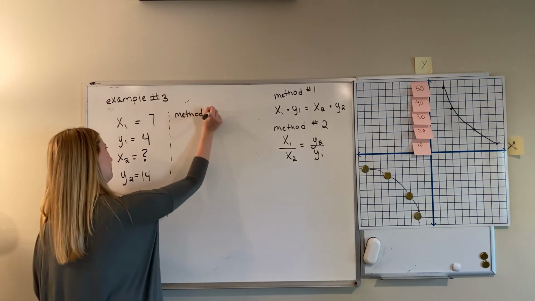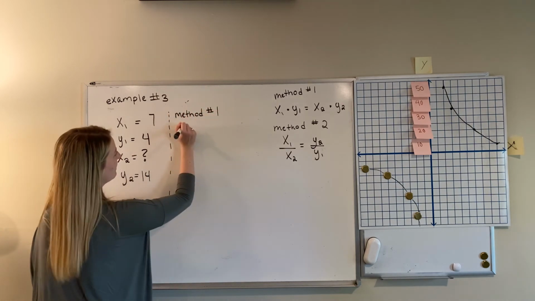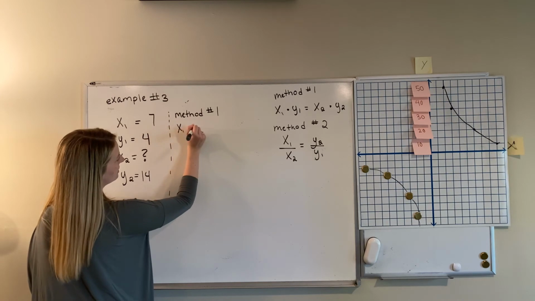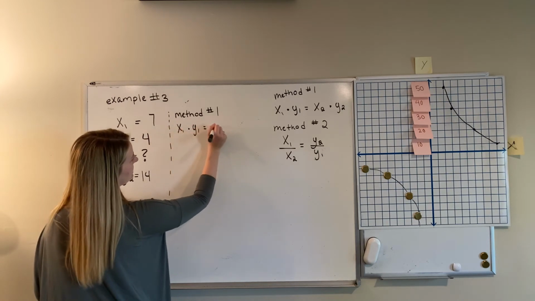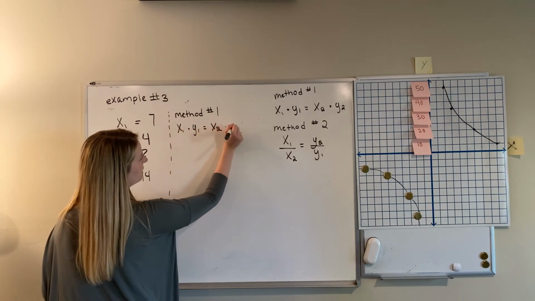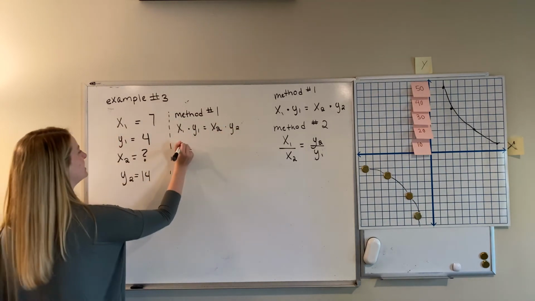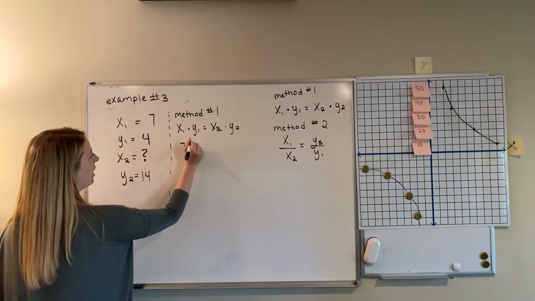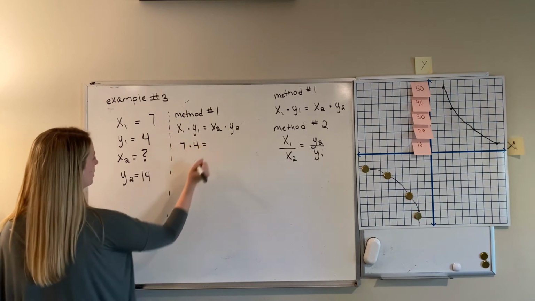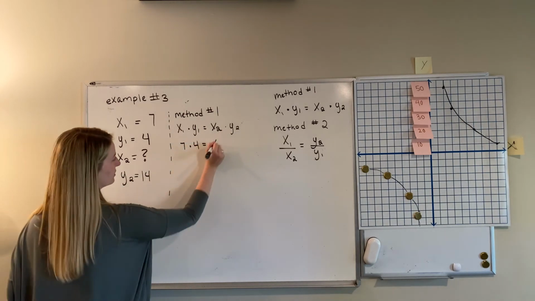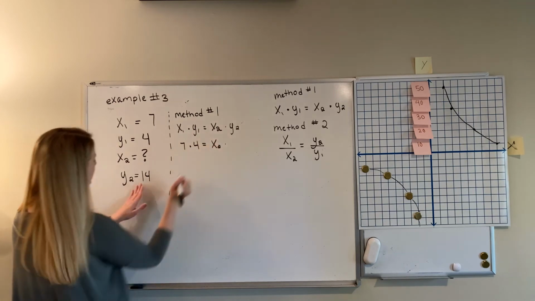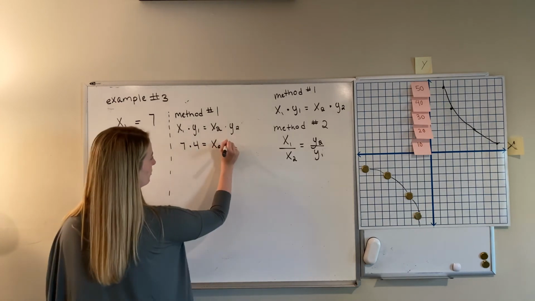Method number 1 means we take x1 times y1 and set it equal to x2 times y2. Alright, x1 is 7, y1 is 4. We don't know our x2 value, so we leave that as is, times y2, which is 14.